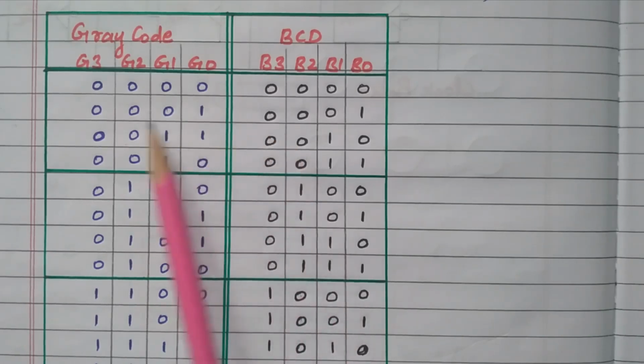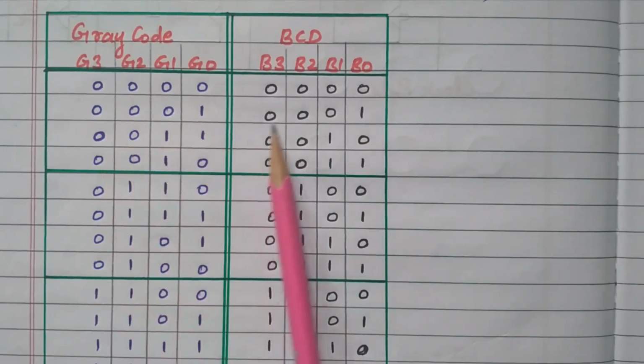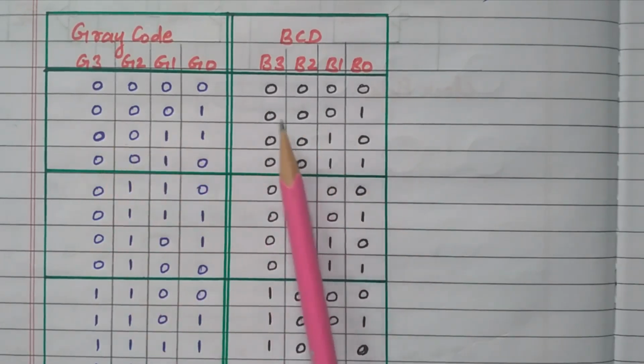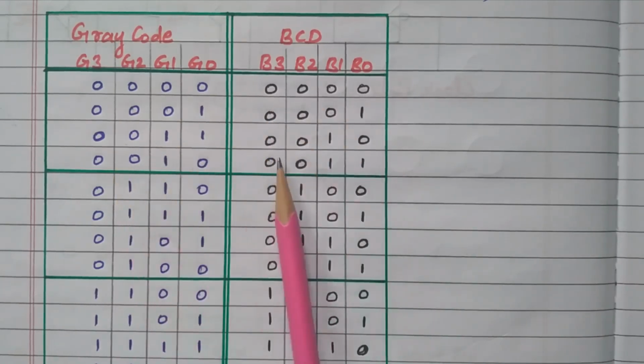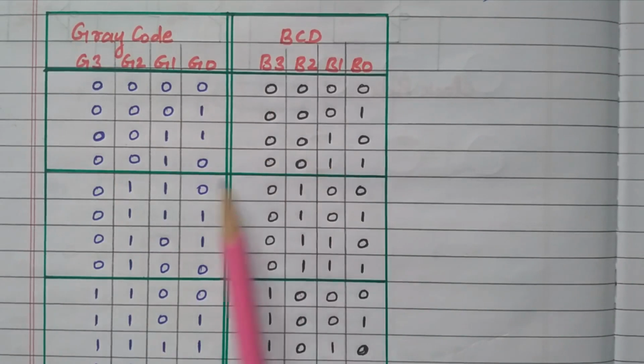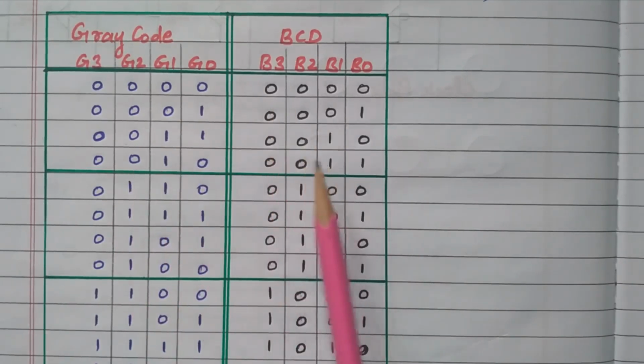Correspondingly, each is converted into BCD. All 0 means here also 0. Here 0 0 1 1 means 0 0 1 0, and 0 0 1 0 means 0 0 1 1. Based on the above process, gray code is converted into BCD.